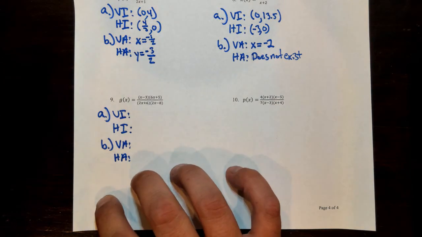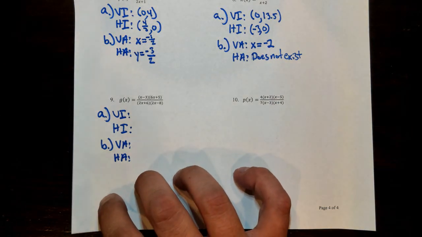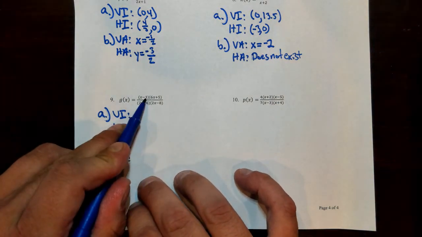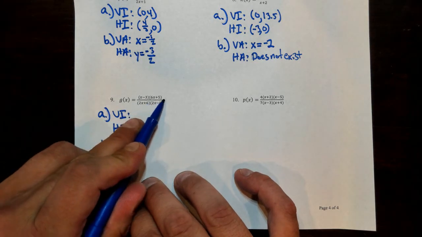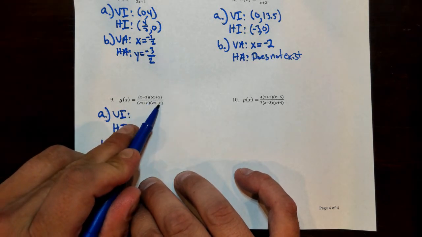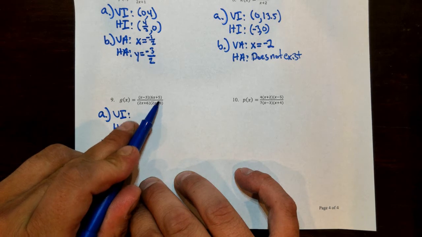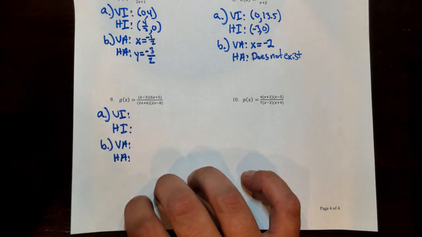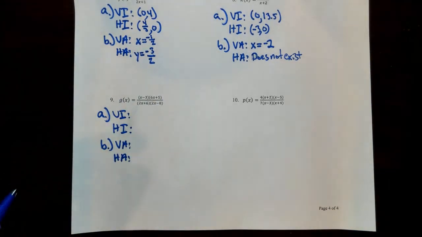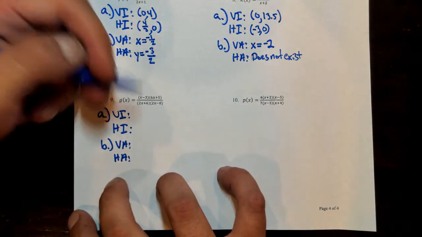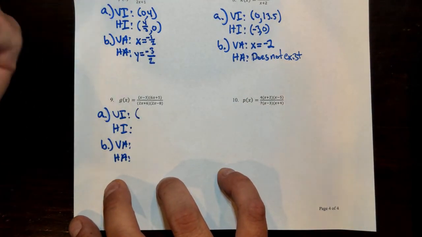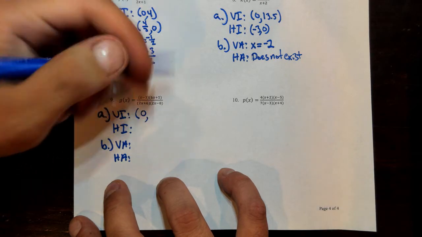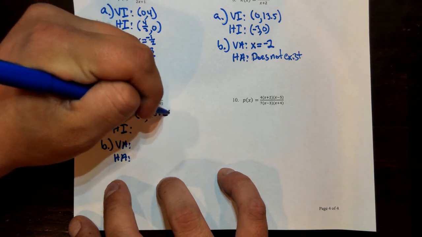So our vertical intercept is going to be negative 15 over negative 48. If you plug that into a calculator to get a decimal approximation, you would get 0.3125.